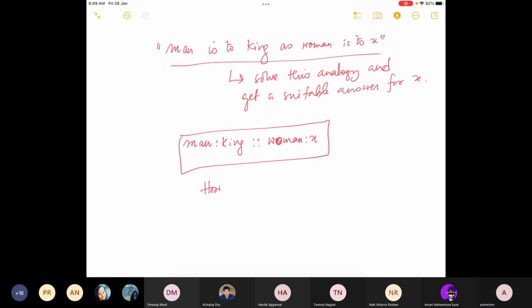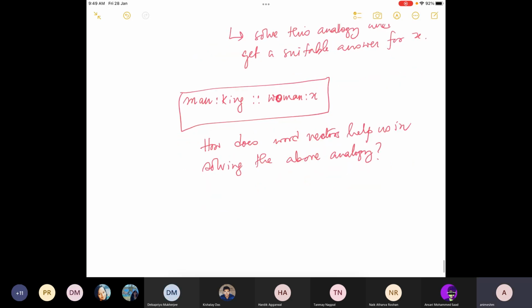How do word vectors help us in solving the above analogy? We can do king minus man plus woman, and take the dot product with all the vectors and take the one with highest similarity.